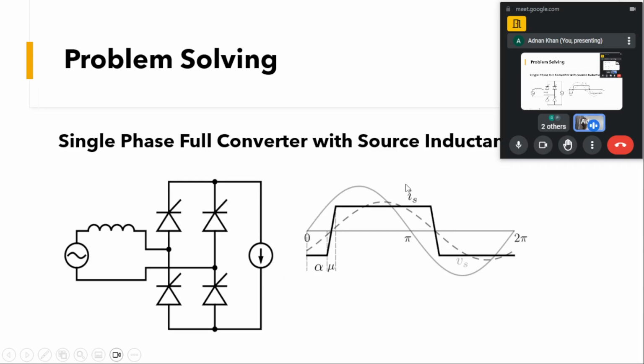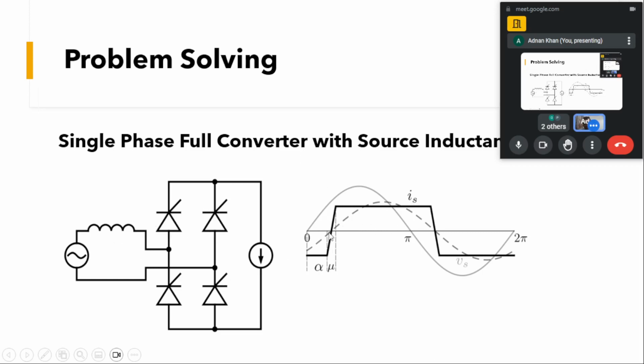Just as I told you, this is the circuit of the single phase full wave converter, and we know that the source current will be a square wave.